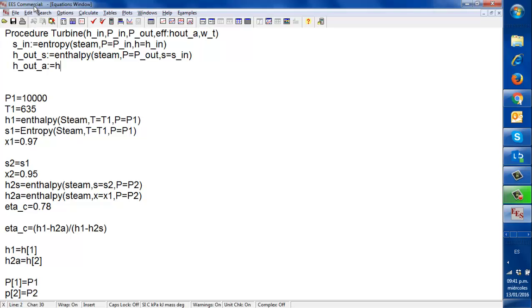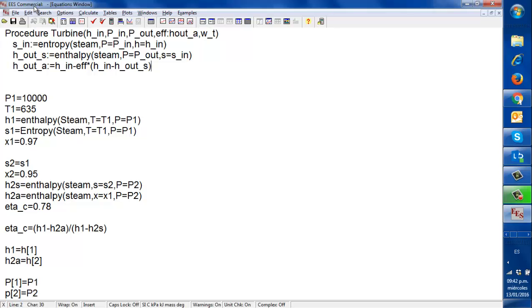It will be H in minus eta efficiency times H in minus H out S. If you notice, I am not using numbers because I don't know if my turbine will be in state 1 or state 2 or the inlet will be in state 8.